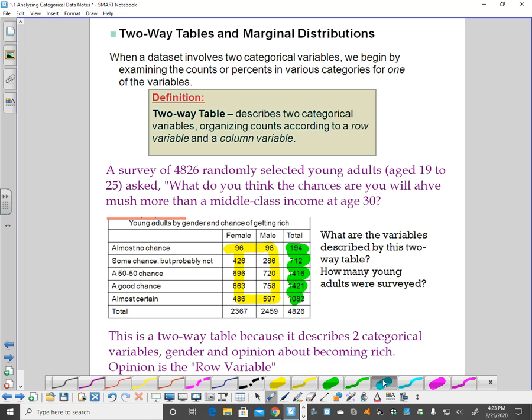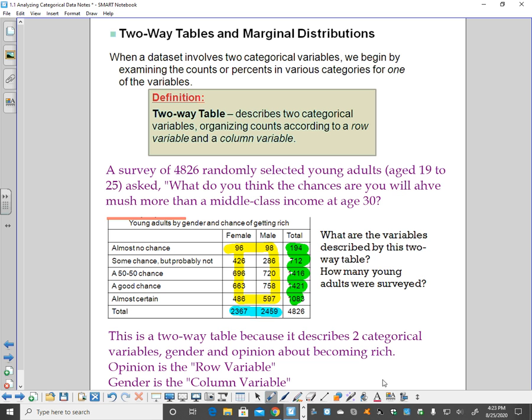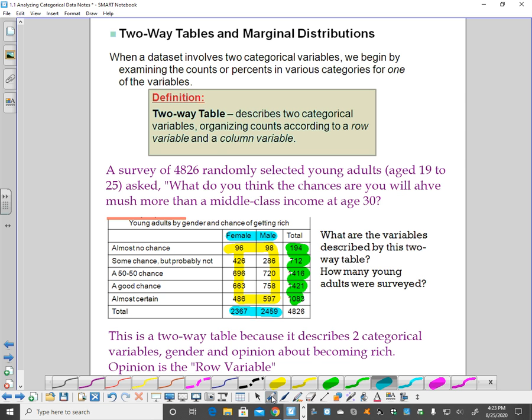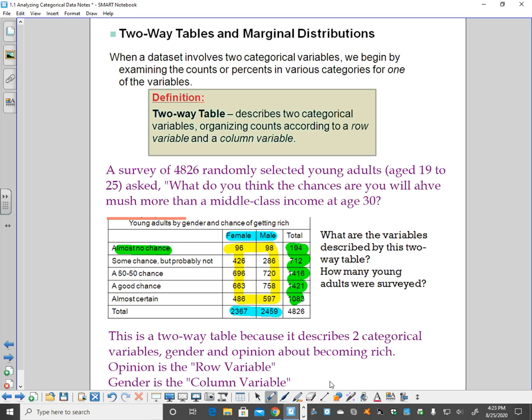Those are the totals for male and female, and these are the totals for what your opinion is. The yellow is the two-way table. It uses both variables.